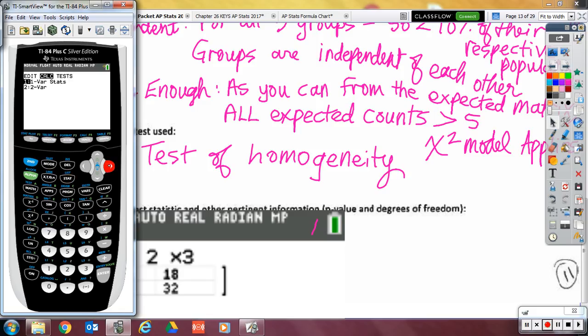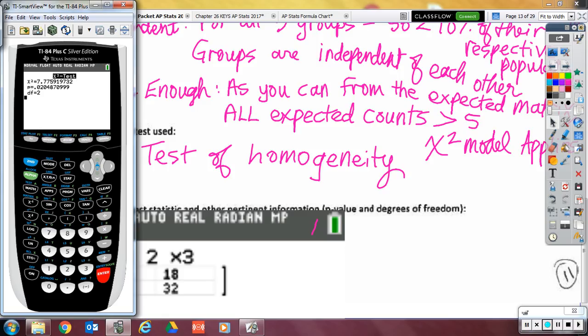Stat, over to test, go up, not the chi-squared GOF, the chi-squared test. Okay? Observed is matrix A. It is telling you it's going to compute and put in matrix B the expected. And so then now I'm going to go down here and calculate.